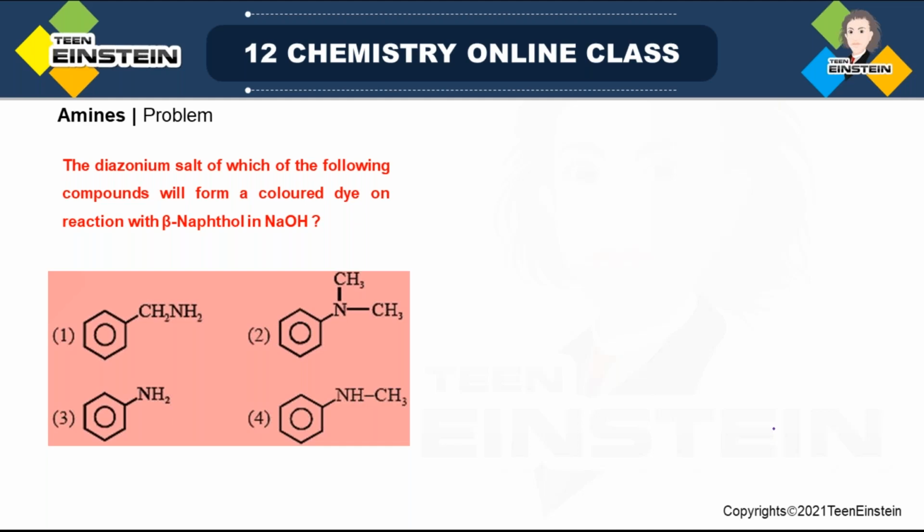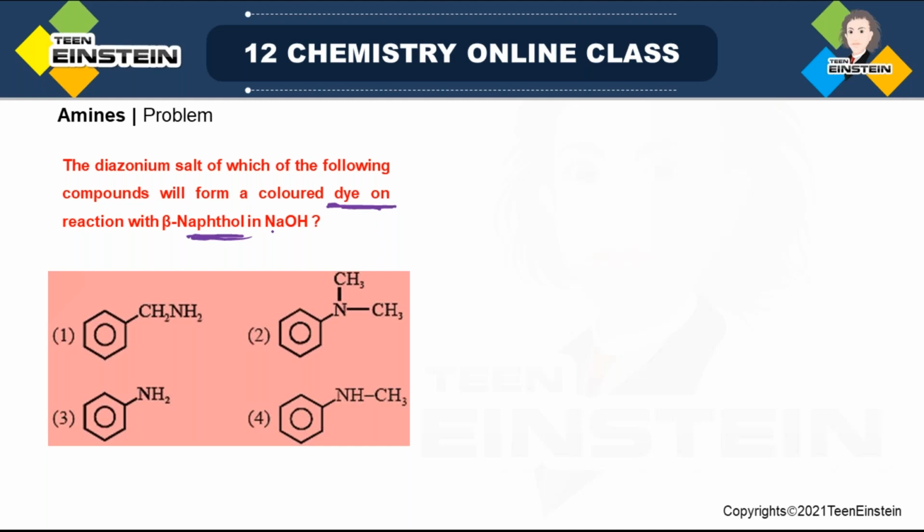Next question, the diazonium salt of which of the following compounds? You have total 4 compounds and it is asking the diazonium salt of which of these compounds will form a color dye when it is treated with beta-naphthol. When we discussed diazonium salt in detail, this information was given in detail.